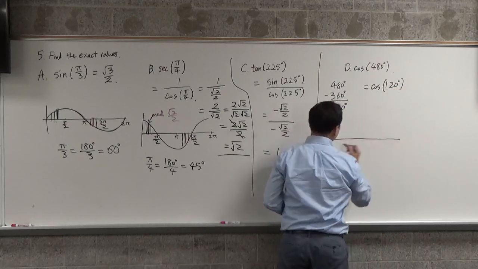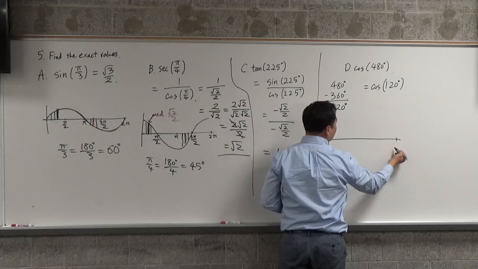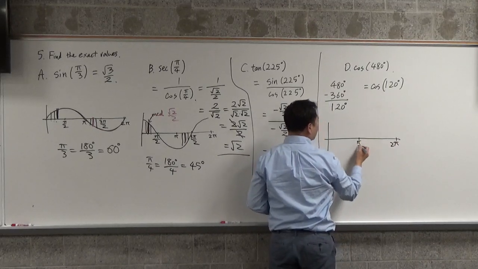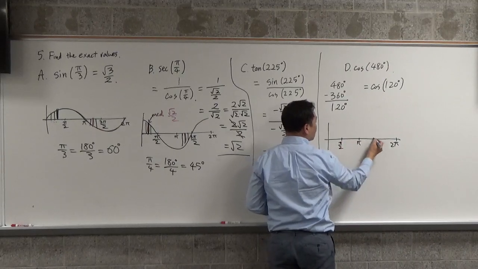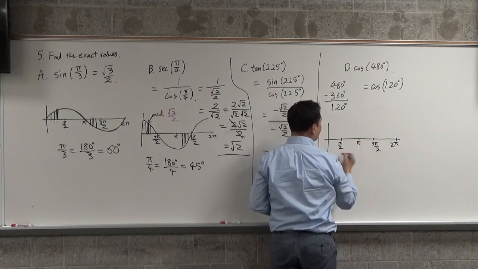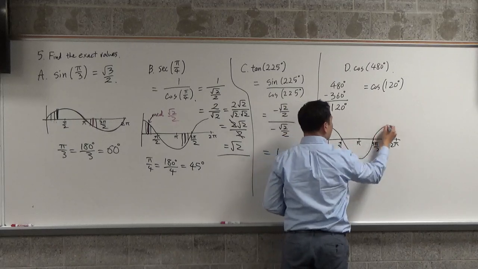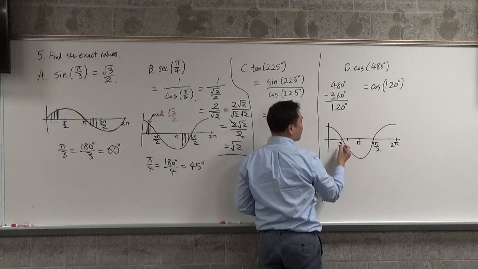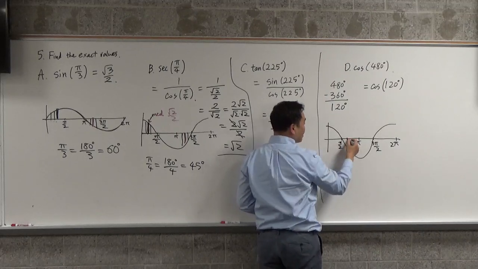Okay, let's draw the cosine graph again. 2 pi, pi over 2, 3 pi over 2, cosine graph. And 120 degrees is just a little bit over 90 degrees, 90 plus 30 degrees, right?